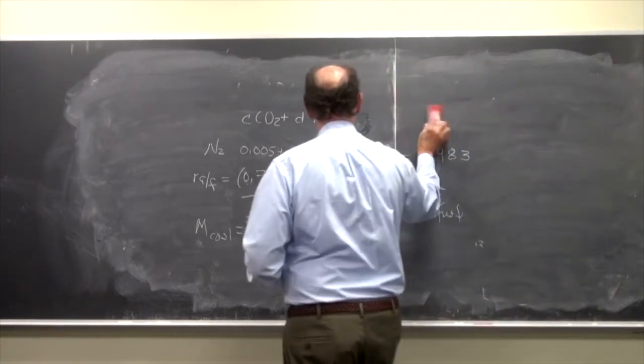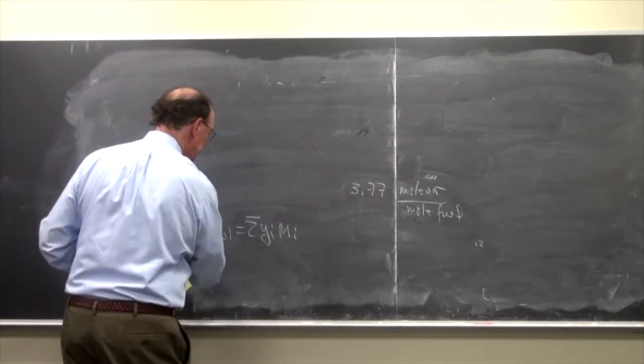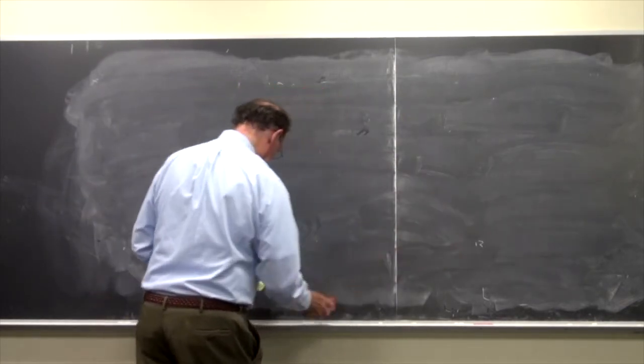We take the YI of the fuel and multiply it by each of the constituents' molecular weight.